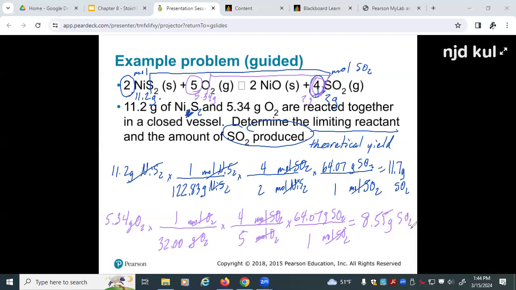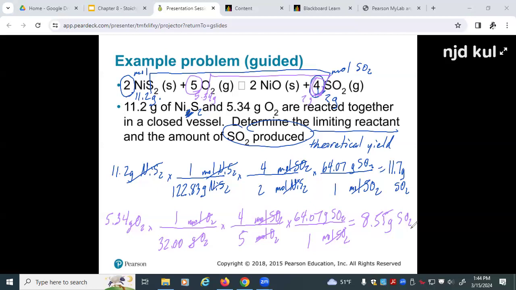So this is a really common limiting reactant kind of problem, where it just gives you an equation, it gives you a couple of reactants, and it says, figure all this out.